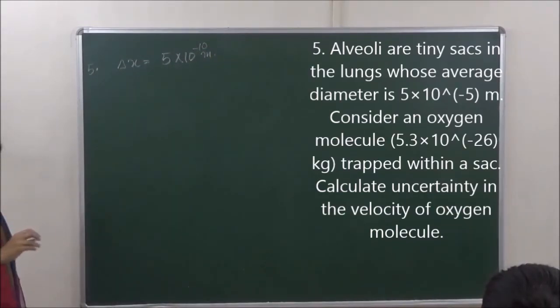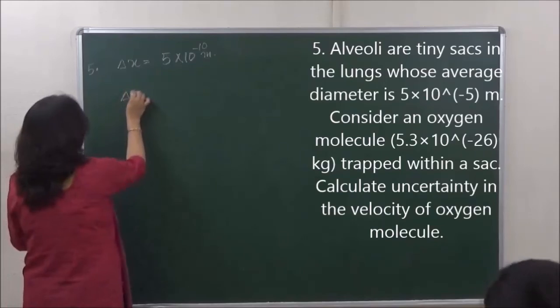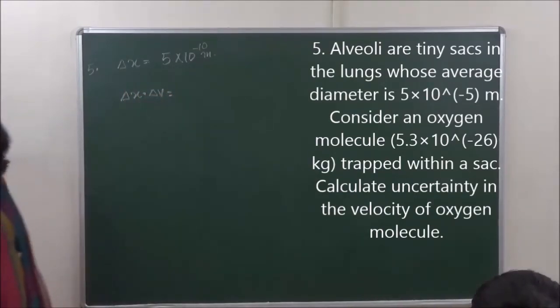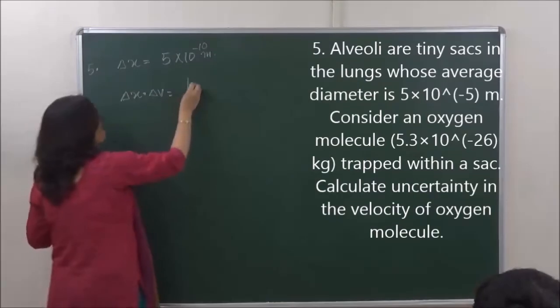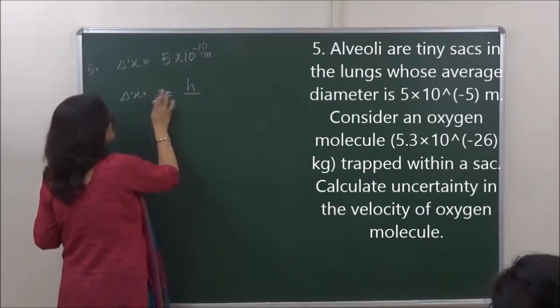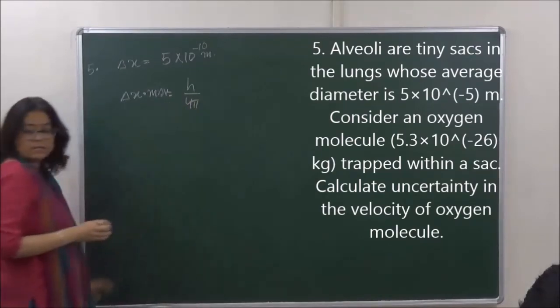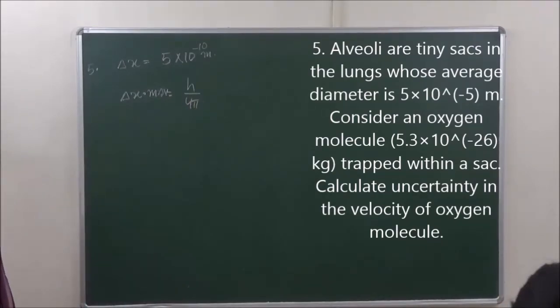Then what is the formula? Delta x into delta v is equal to h upon 4 pi m. Now what is mass given to us? Mass is given as 5.3 into 10 raised to power minus 26 kg.